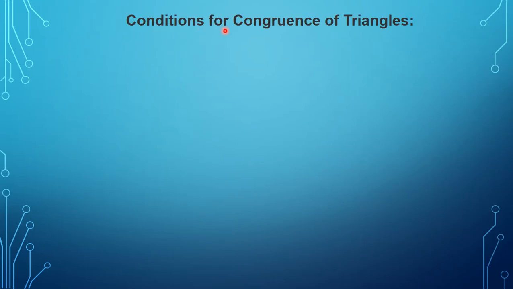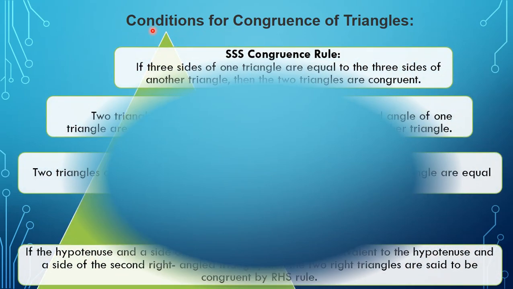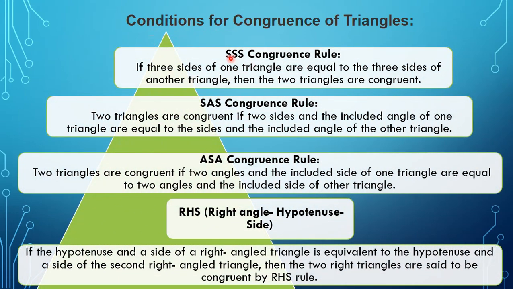Now, the criteria for congruence of triangles. First of all, the SSS congruence rule, that means side, side, side. If three sides of one triangle are equal to the three sides of another triangle, then the two triangles are congruent. Second is the SAS congruence rule, or side angle side.